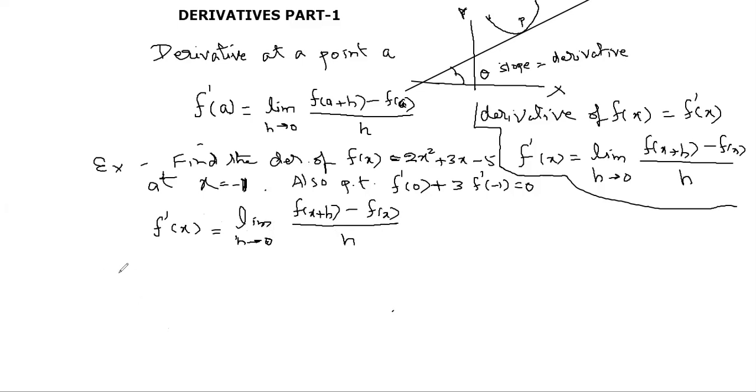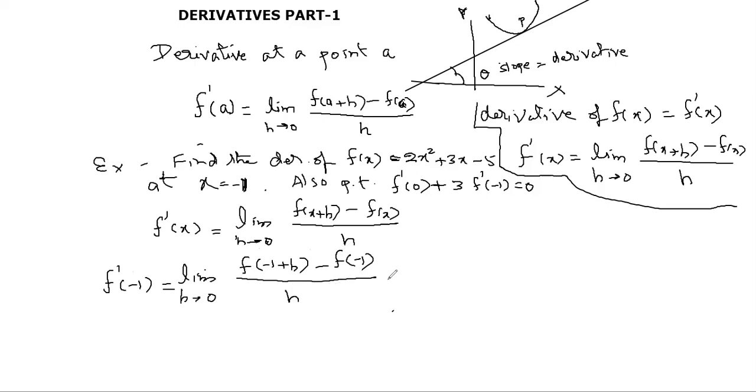First of all minus 1. So f dash minus 1 will be equal to limit h tending to 0, f(minus 1 plus h) minus f(minus 1), x is replaced by minus 1, divided by h.